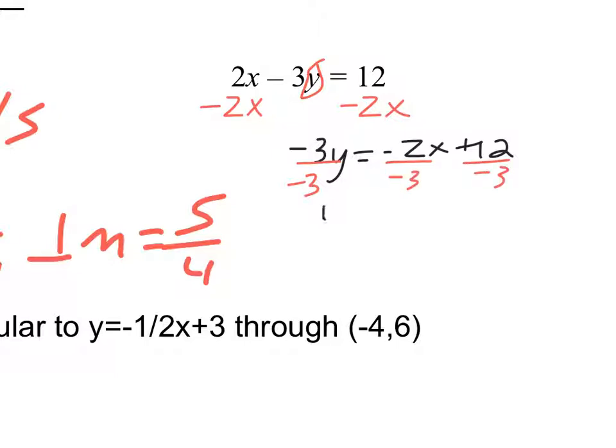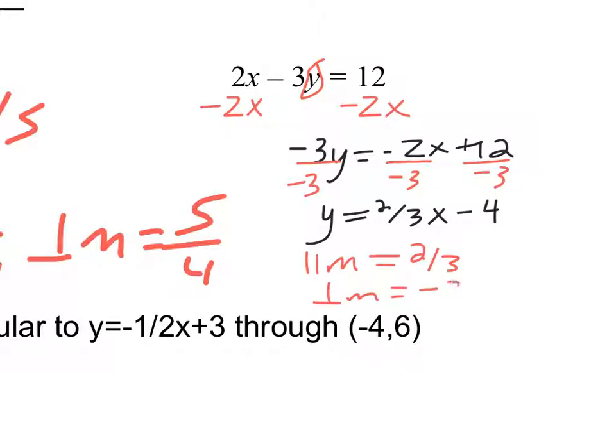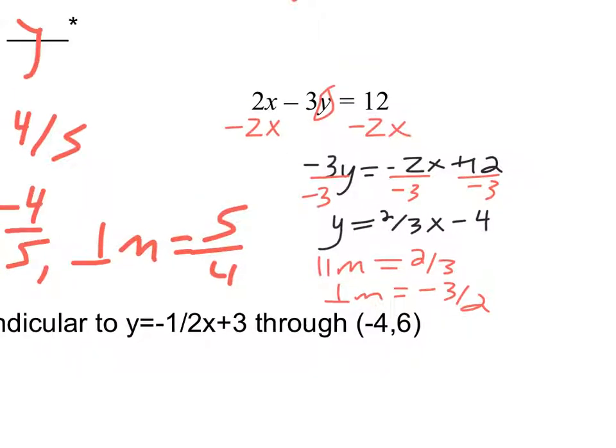So y equals 2/3 x minus 4. When I'm doing parallel perpendicular, I don't really care about that y-intercept, the last term. So this means my parallel slope is going to be 2/3, and my perpendicular slope to this line would be negative 3 over 2.